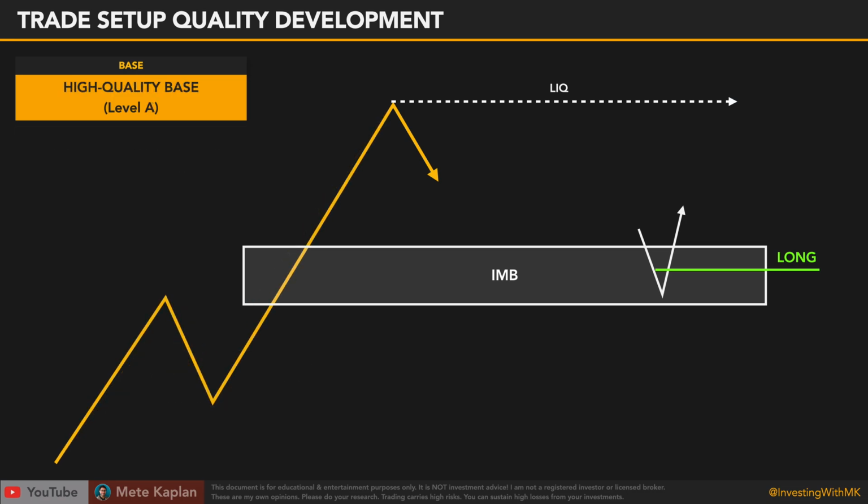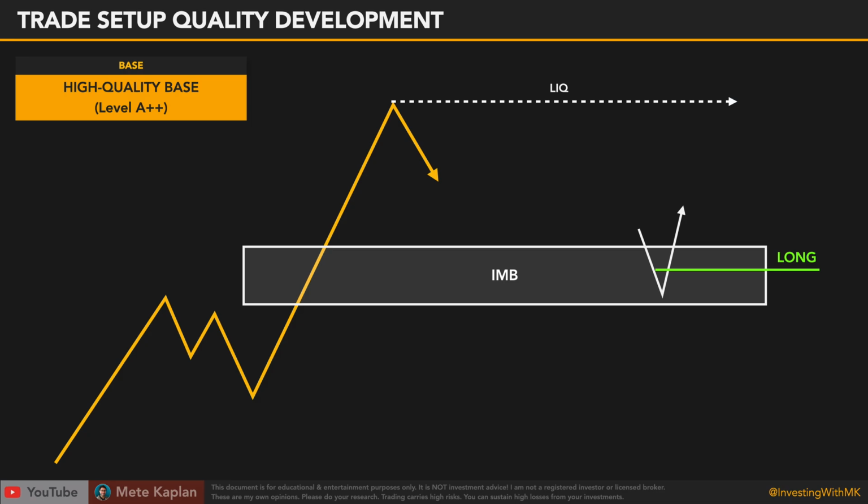The first sign of a higher quality base is if an imbalance pushes the base. This immediately increases the quality. It shows the price respects its imbalances towards the momentum.